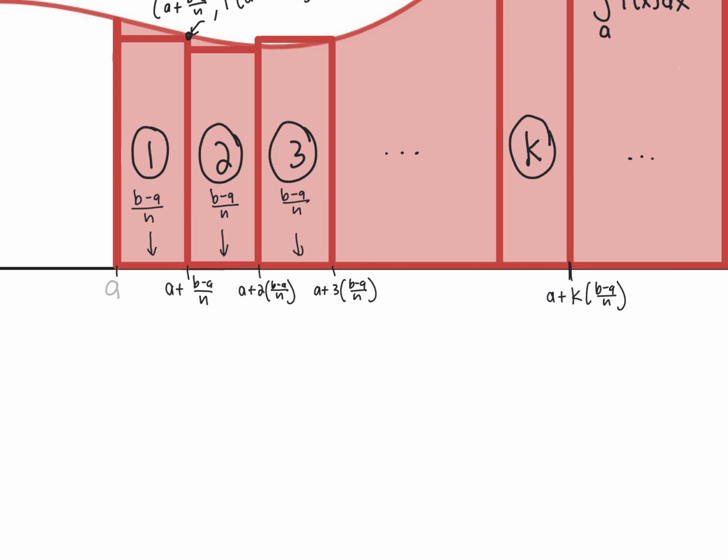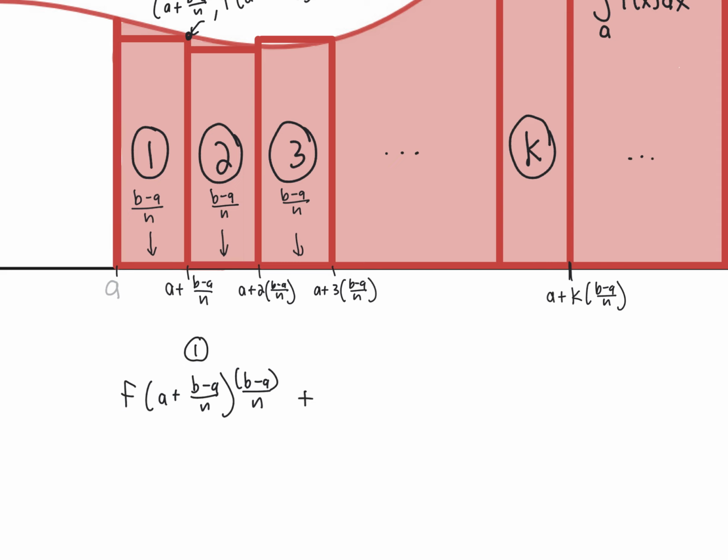So the area of the first one is going to be the width. Actually, I'll do the height first. f(a + (b - a)/n), and then times (b - a)/n. I'll put that in parentheses. Okay, so that's the area of the first rectangle. This is rectangle number 1.